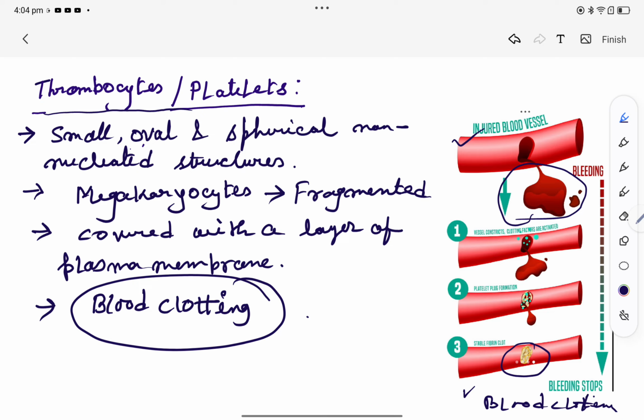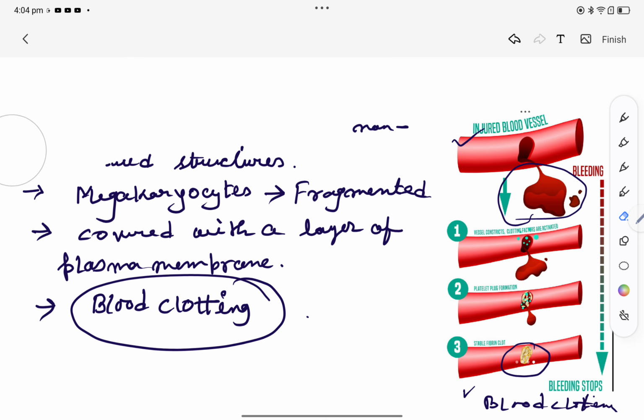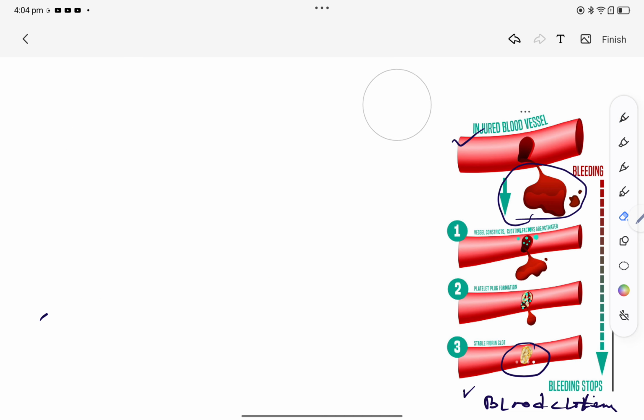All the blood from our body will flow out and eventually we will die. So this mechanism is very important for us. That is blood clotting, and it is done by thrombocytes. Now, blood clotting is done via a few steps. So one by one, we are going to learn about the steps.